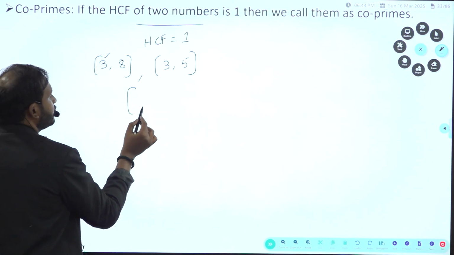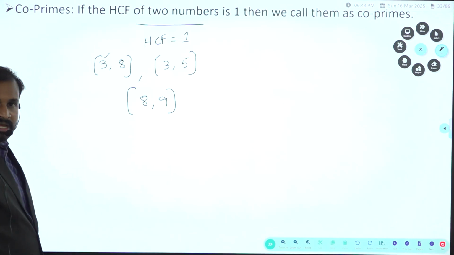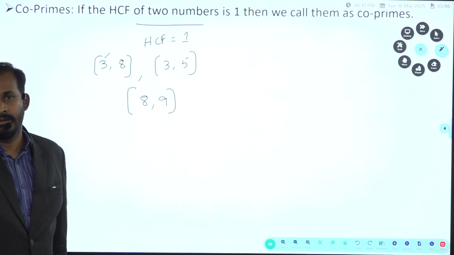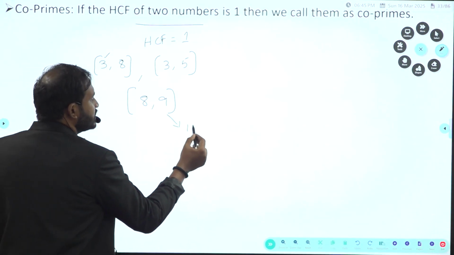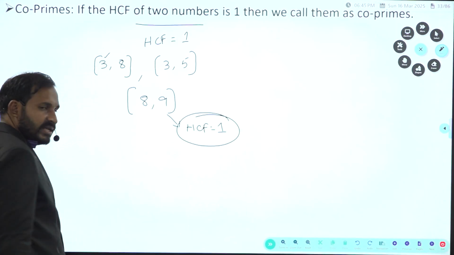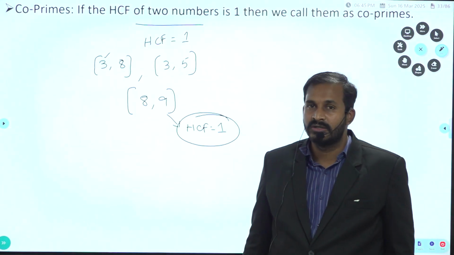At the same time, 8 and 9 are also co-primes. Actually, 8 is a composite number and 9 is a composite number, but 8 and 9 are co-primes. The reason is the HCF between them is 1. Any numbers whose HCF is 1, we call them co-primes.